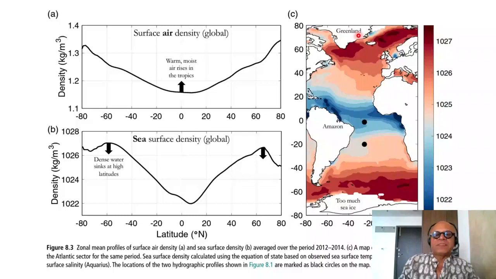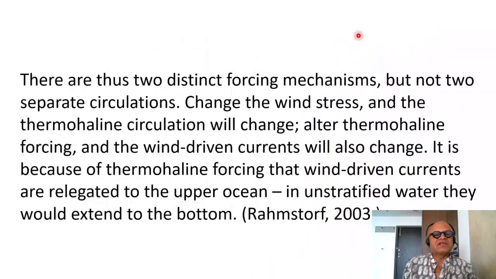Okay, so this is the density flux, and as I said before, this is from Stefan Rahmstorf, who said in 2003 there are thus two distinct forcing mechanisms. So wind forcing and buoyancy forcing are definitely two forcings, but not two separate circulations. Even though we tend to think of wind-driven circulation and thermohaline circulation, they are not really two circulations.